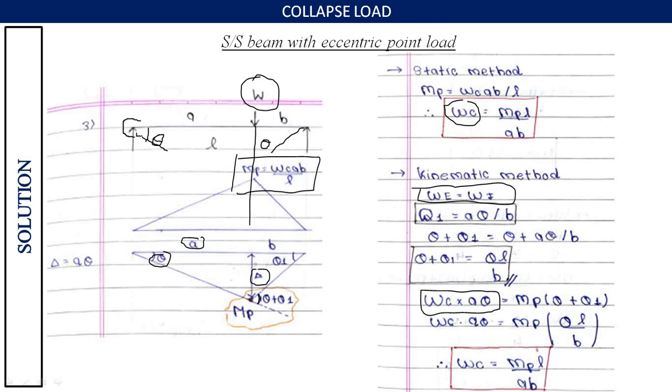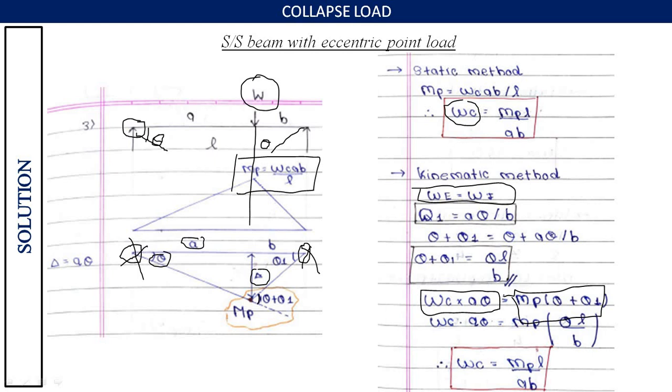Here it is just simply supported, so no moment will be taken or no hinge will be formed. Here also it is simply supported, so no moment or hinge will be created. But here it is the internal hinge, so the moment will act and the hinge will be formed. So at that location it will be Mp into theta plus theta 1. So we have taken internally Mp into theta plus theta 1.